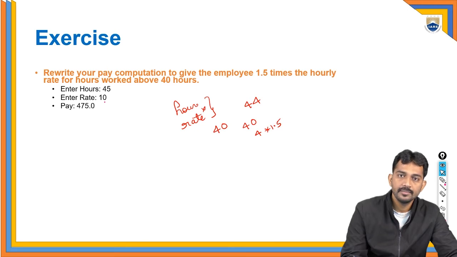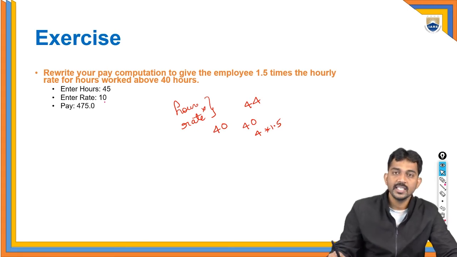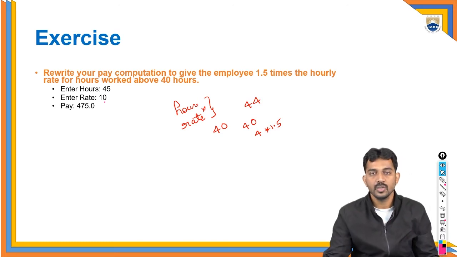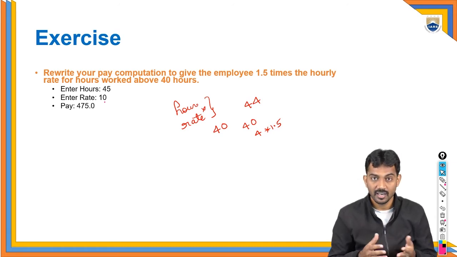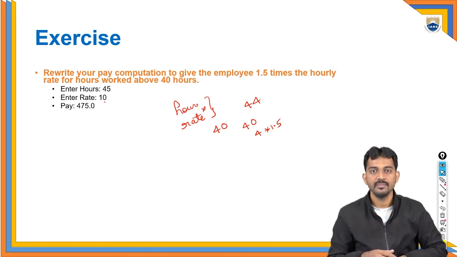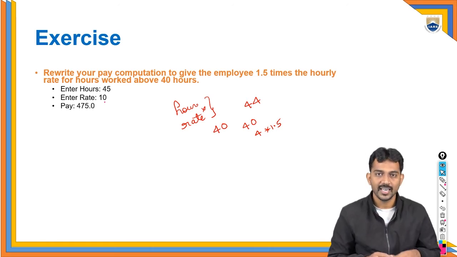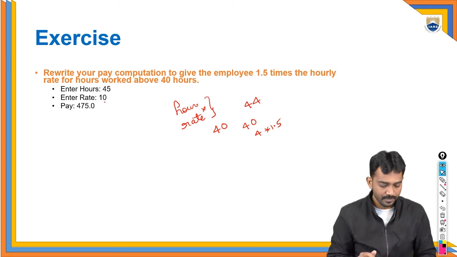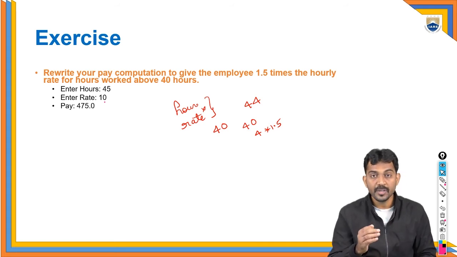Is this clear? Okay. So let us see how to solve this problem. What statements are you going to use? Conditional control statements or loops. Are loops required for this program? Exactly not, right? Because here you're performing the operation only a single time.